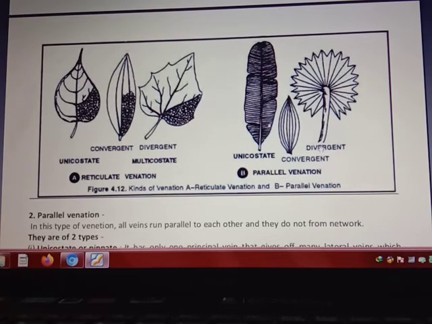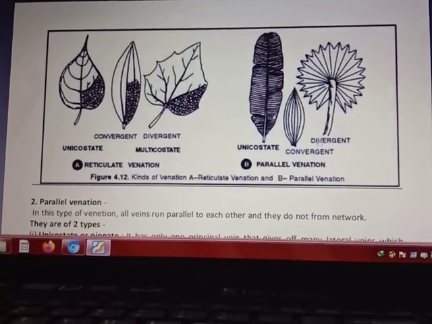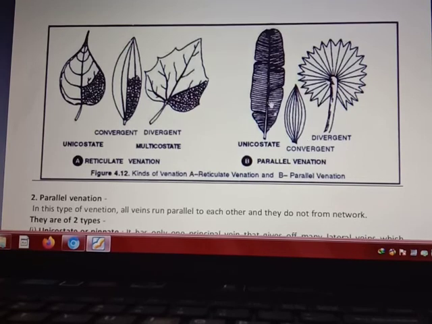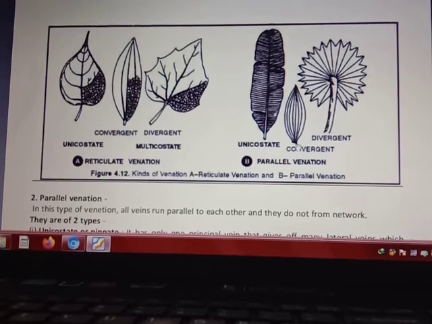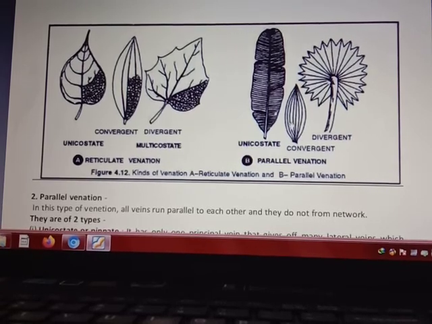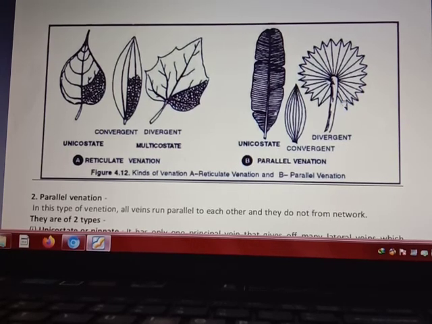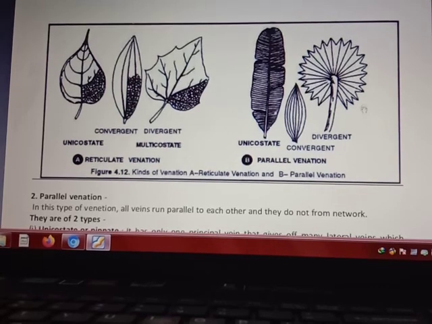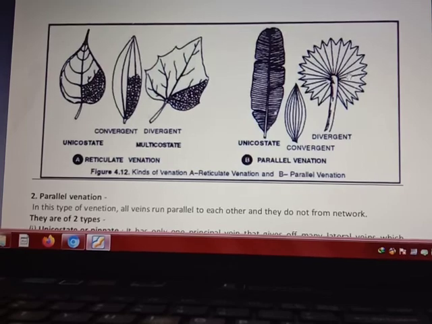Second is multicostate venation, where many midribs are present, again divided into convergent and divergent. In convergent, all the midveins arise from the base and collect at the apex or tip. In divergent, all the midveins arise from the same point but spread in different directions.